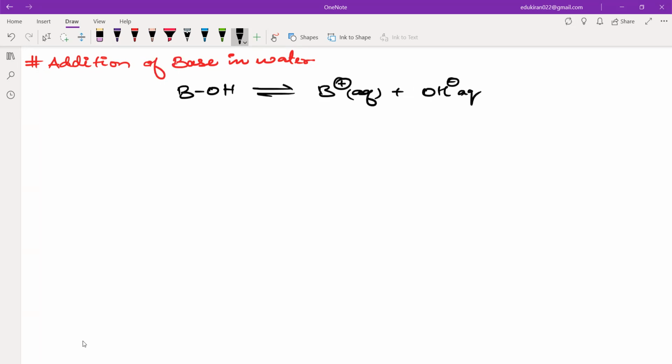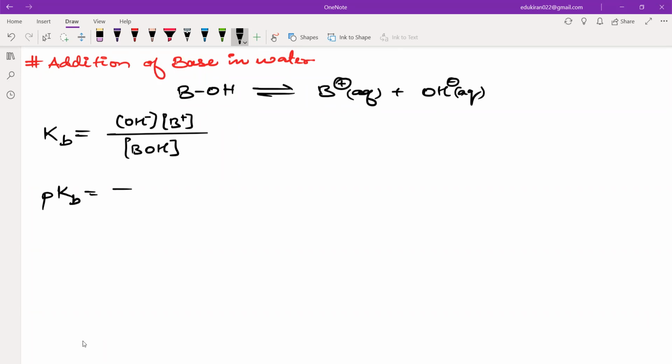plus OH negative aqueous, and hence the Kb will be equal to the concentration of OH negative into the concentration of B positive divided by the concentration of the undissociated base. This is the Kb. Similarly, pKb will be minus log of Kb. And what is Kb? Dissociation constant of base.